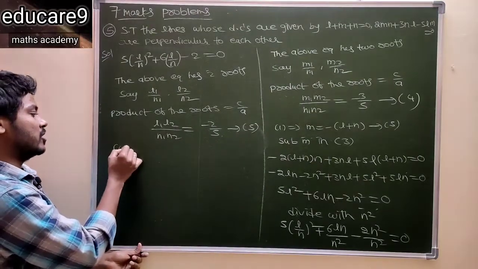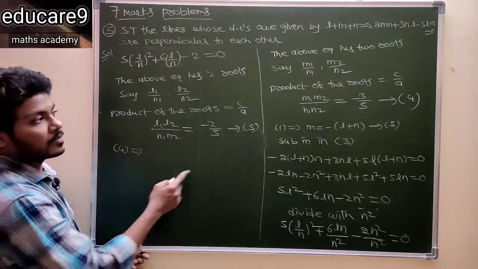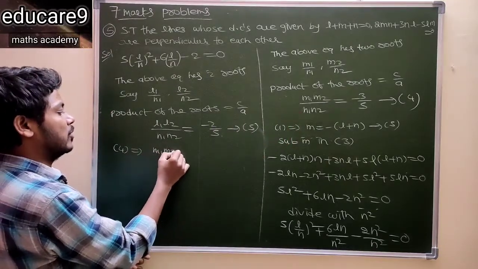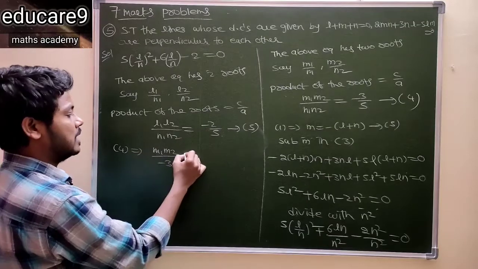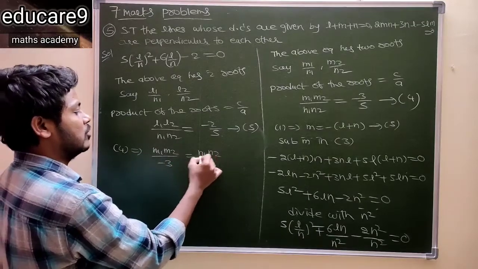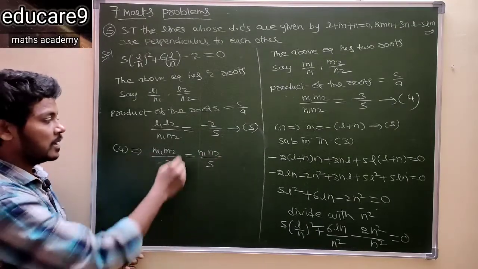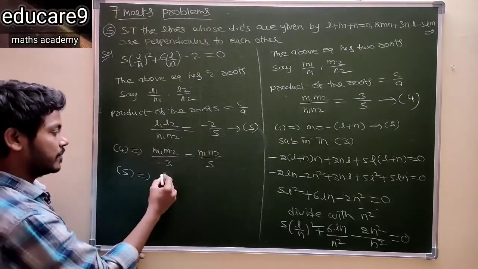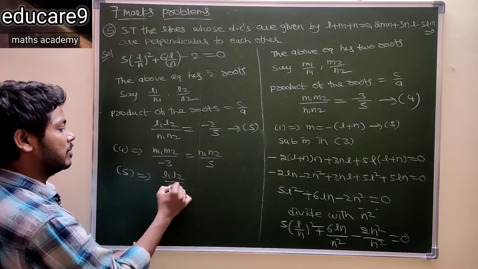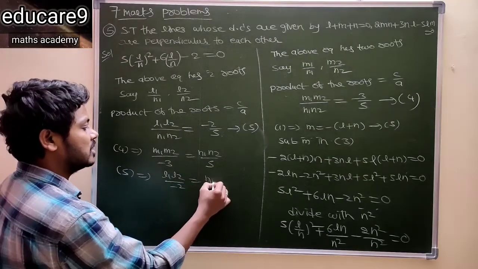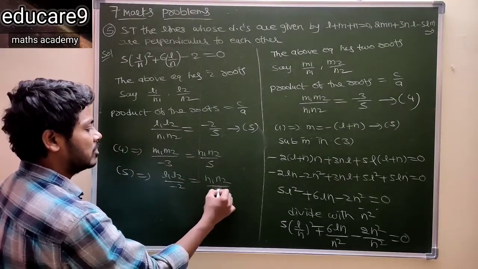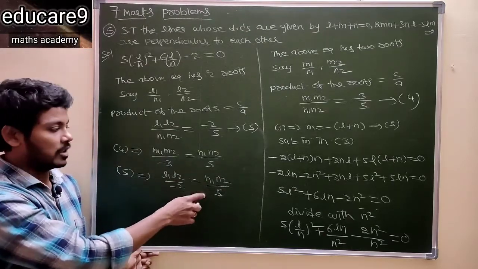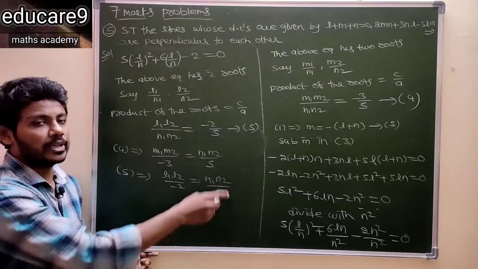See here, from equation 4, this can be written as m1 m2 by minus 3 is equal to m1 m2 by 5. Again from equation 5, interchange these two values, that is l1 l2 by minus 2 is equal to n1 n2 by 5. So clearly these two are equal, therefore these three are also equal.